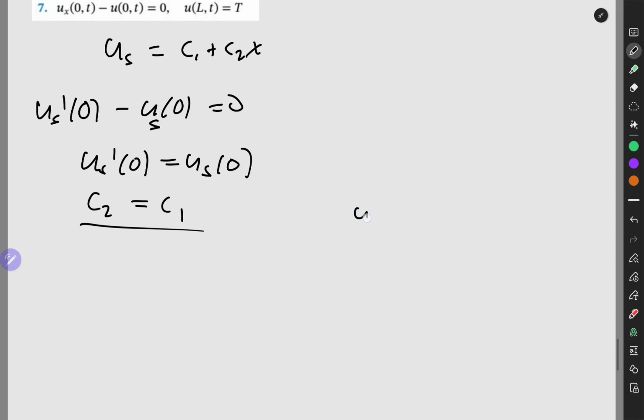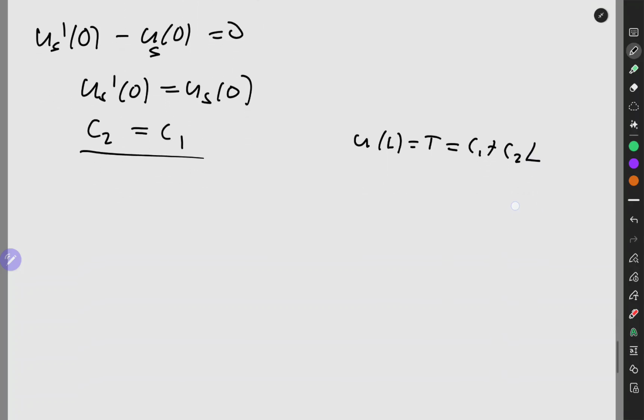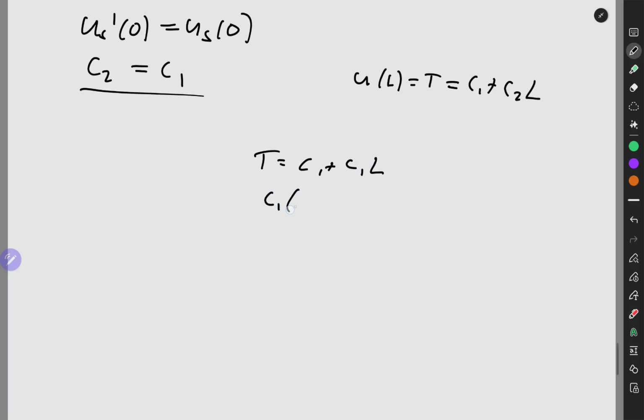Let's look at the other boundary condition. Let's plug in for C2. T over 1 plus L, right?